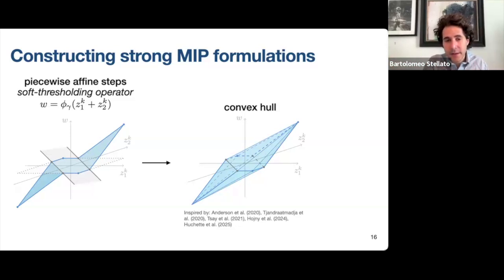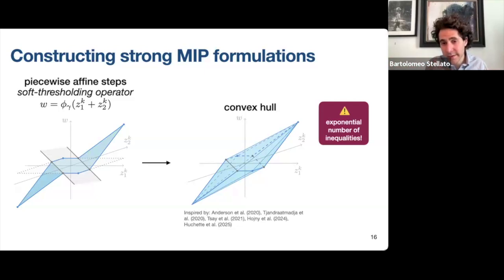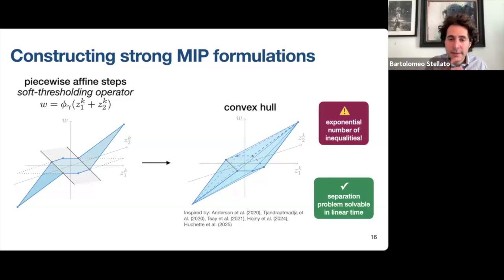And we were able to show that the convex hull formulation can be written by generating these kinds of plots, and it requires an exponential number of inequalities. That's not surprising. What's nice, though, is that the problem of separating this object is actually solvable in linear time. This doesn't mean that the overall verification problem can be solved in linear time, because there are other parts that are non-convex, but this allows us to construct tighter representations of all these steps that I talked about here.